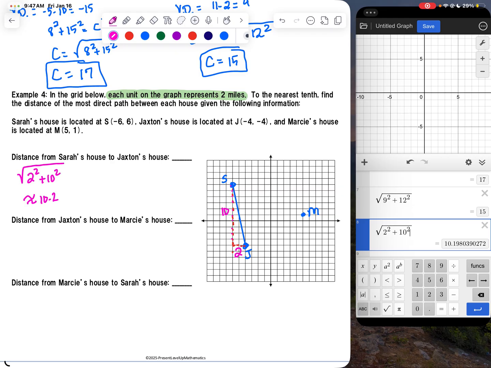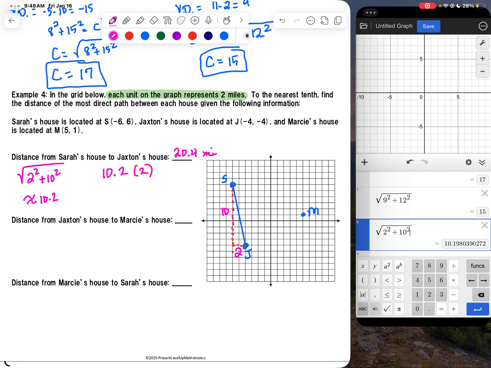But it's very important that you realize that each unit on the graph is 2 miles. So 10.2 times 2 would be 20.4 miles.